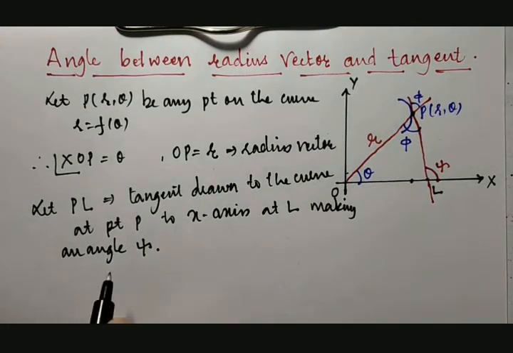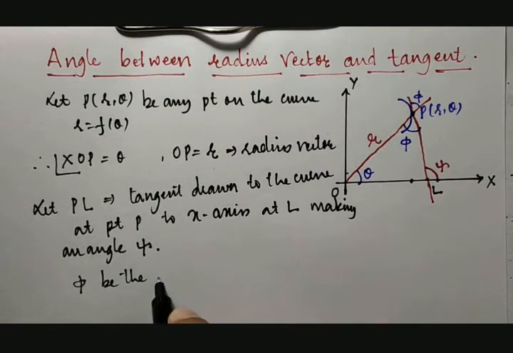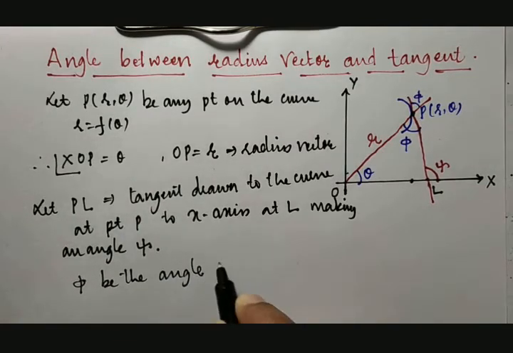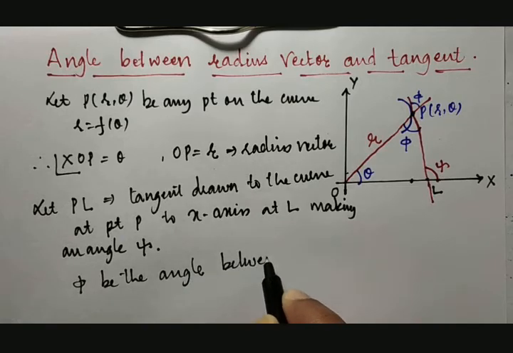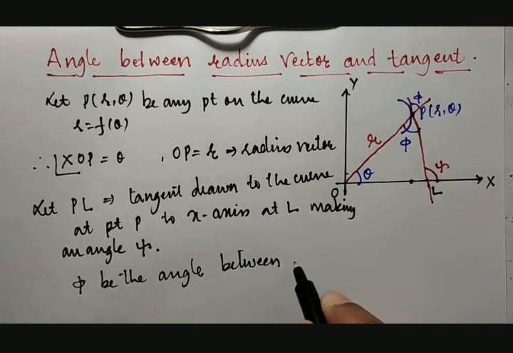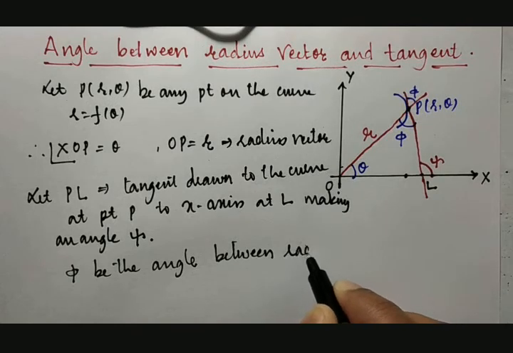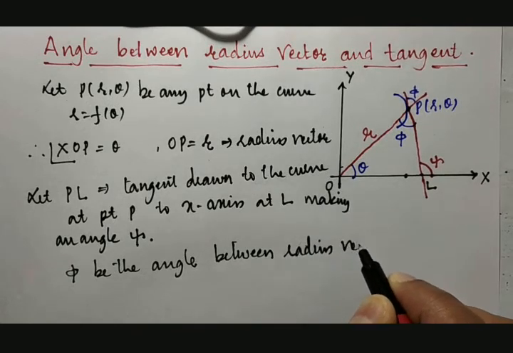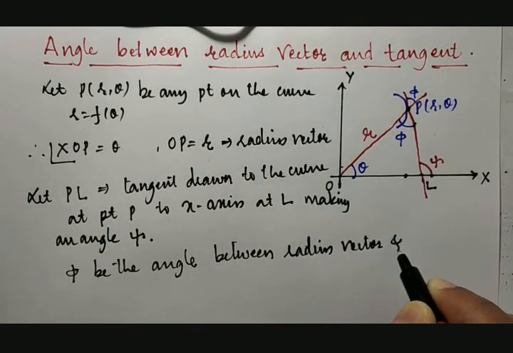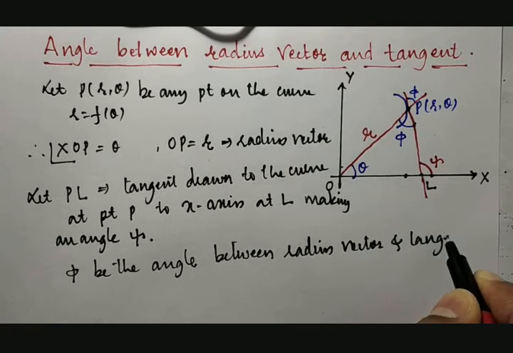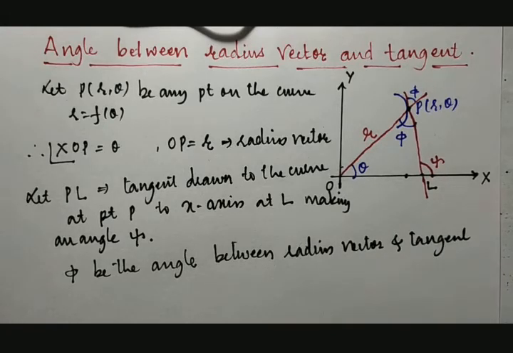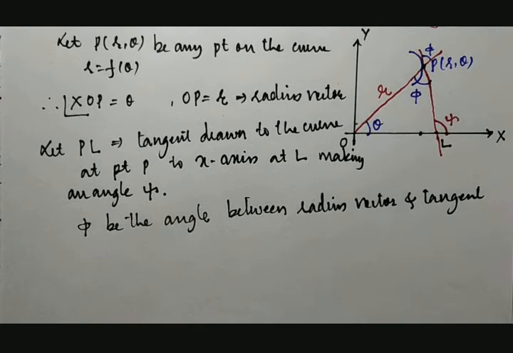So here phi is the angle between radius vector and tangent. This is the thing we discussed right now.